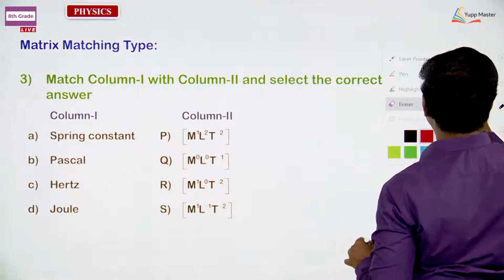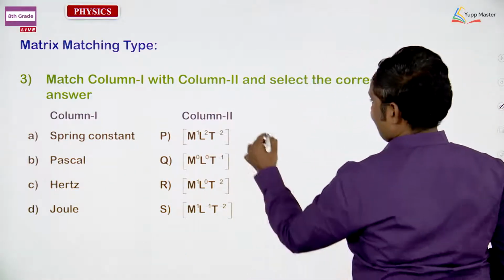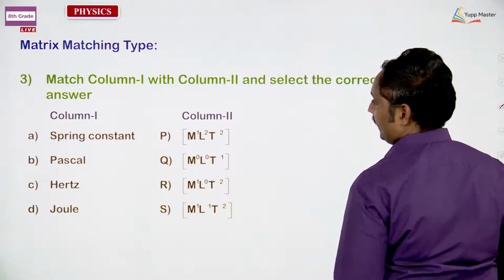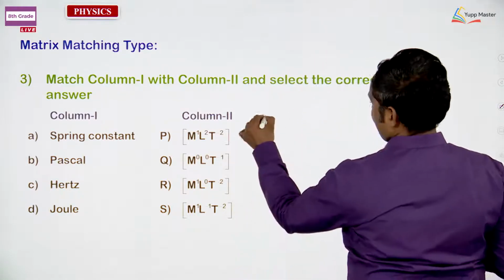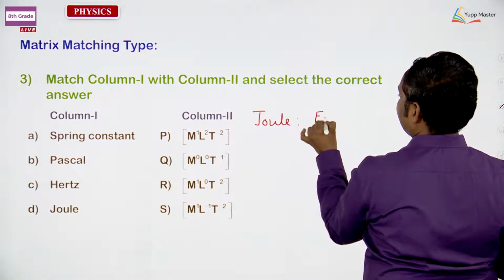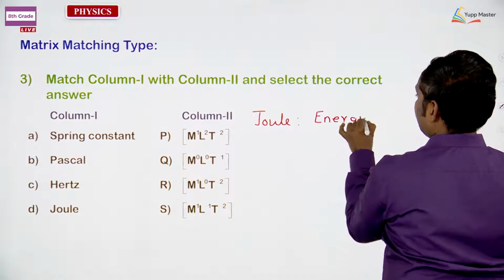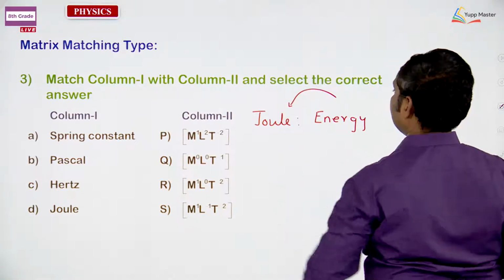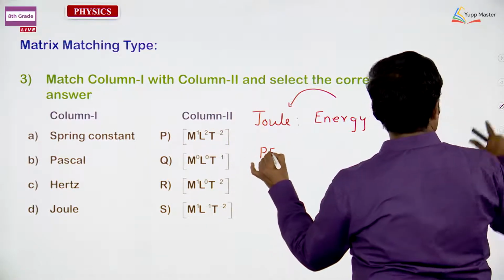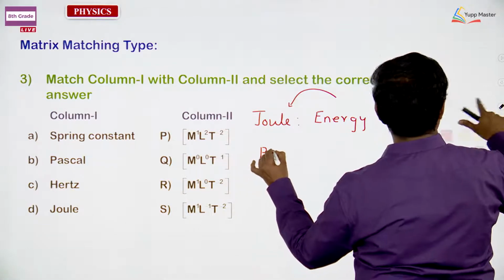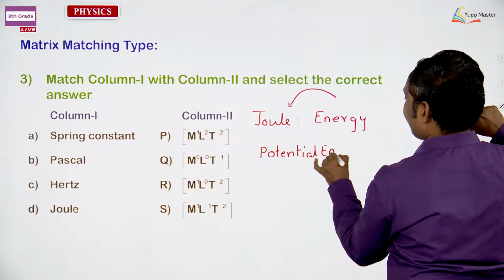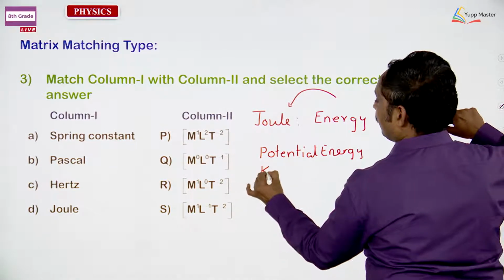Now, that relation has been identified. Therefore, Joule is energy. If you are going to get that representation, you will take either potential energy or kinetic energy.